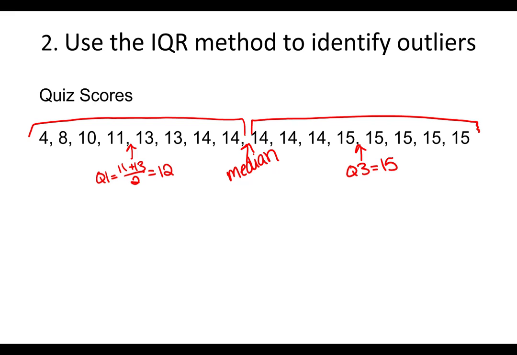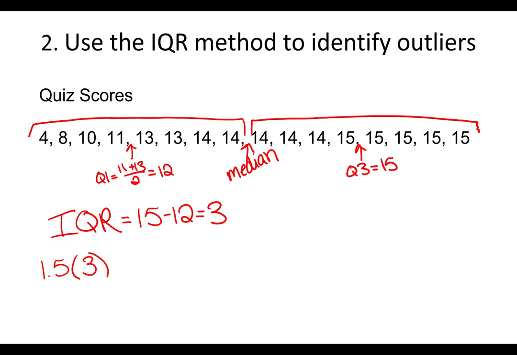Our interquartile range is equal to Q3 minus Q1. 15 minus 12 equals 3. To set up our fences, we need to multiply 1.5 times the interquartile range of 3.